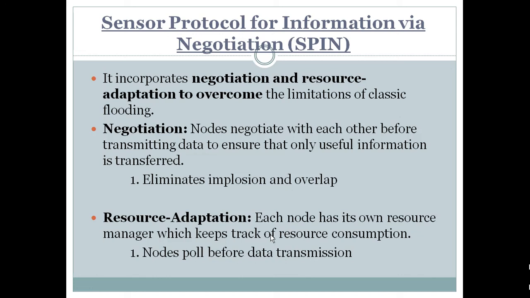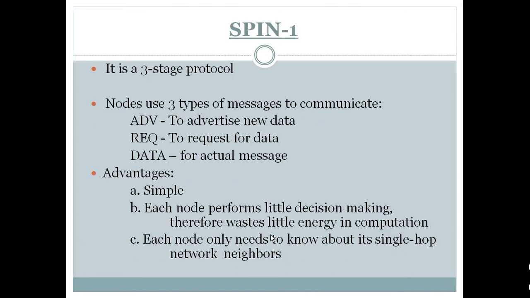Now in the SPIN approach, we are following a three-stage protocol, which is called SPIN-1. It mainly uses three types of messages for communication between the nodes. The first message is ADV, the second is the request, REQ, and the third is DATA.